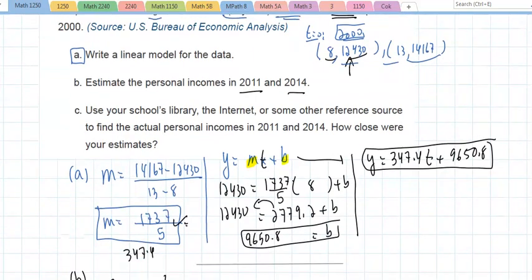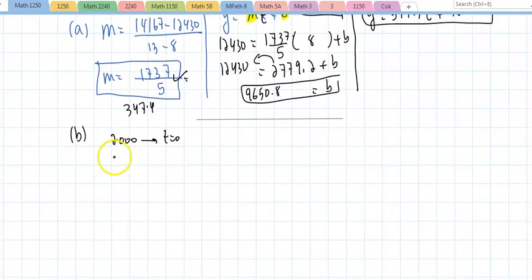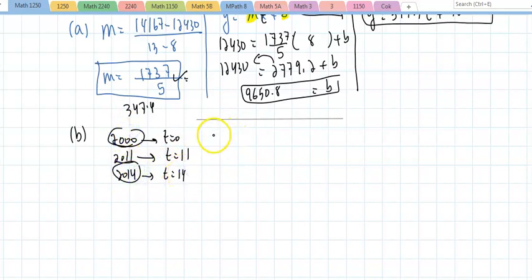I want 2011 and 2014. Well, if somebody was born in 2000, wouldn't that mean 11 years have lapsed? So in the first case, and here, wouldn't that be, if they were born in 2000, in 2014, 14 years have lapsed? So how would I answer this?